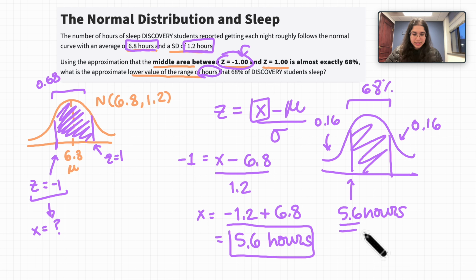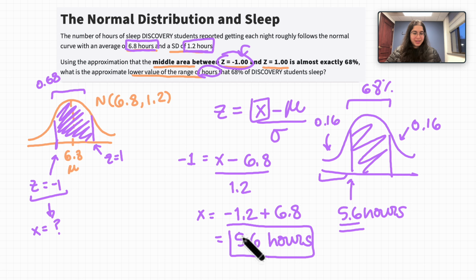So 5.6 hours is higher than 16% of students in Discovery, and it represents the lower range of the middle area, which is almost 68% of all students, our population, which is all students in Discovery.